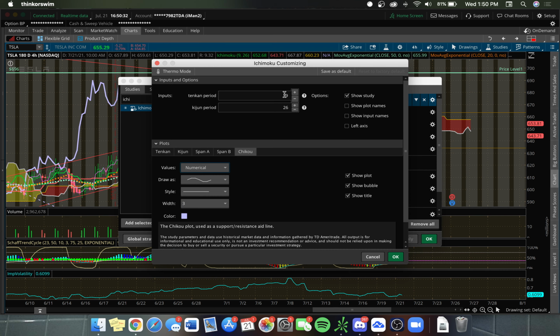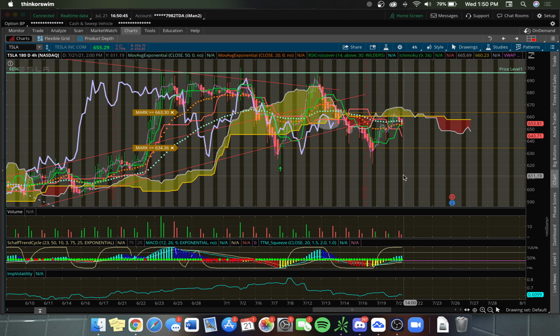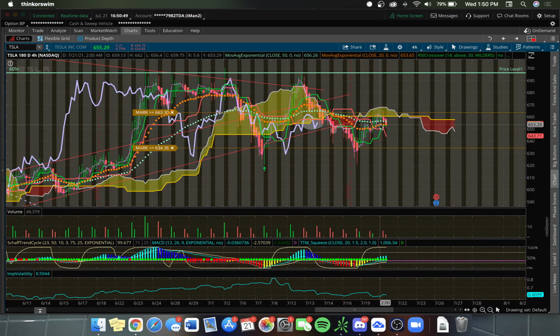The inputs up here are 9 and 26. It should already come like that, so don't even touch up here. Then you're going to click OK. If you apply it, you won't have every exact little line I have here because these are the moving averages, these little bubble ball things, but you'll get the exact colors I have for my cloud.